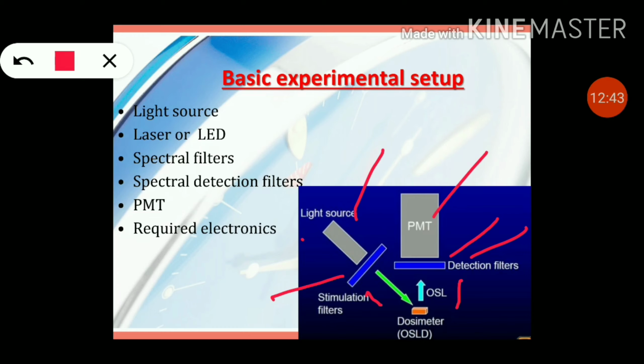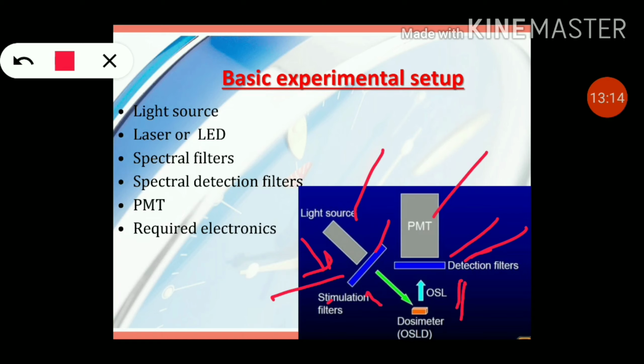The light intensity is too much compared to the signal, so it becomes necessary to use correct spectral filtration in front of the light source and in front of the PMT, so we can avoid the detection of the stimulation light. Let me give you an example.